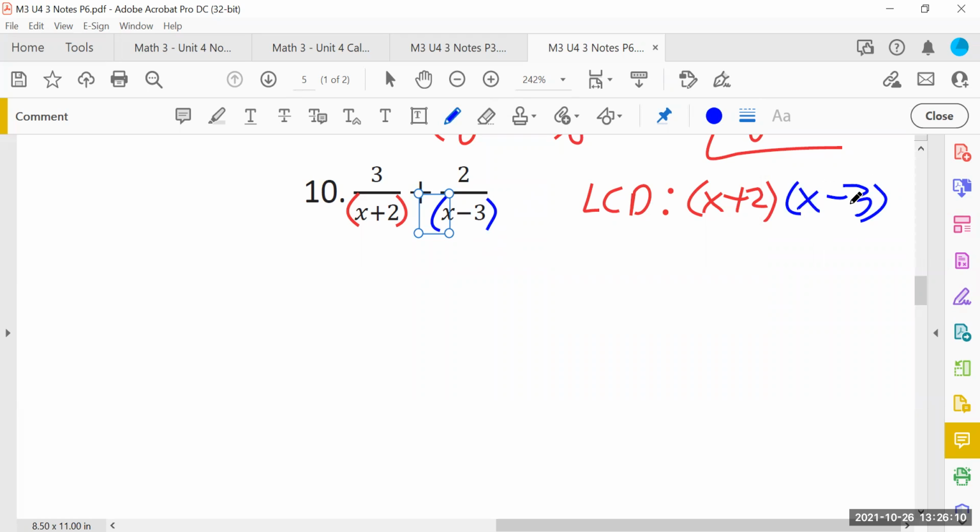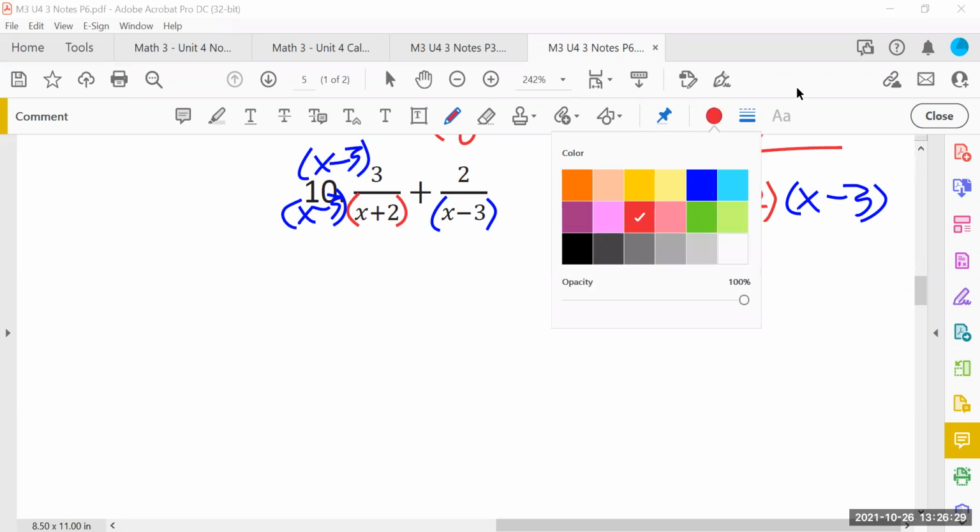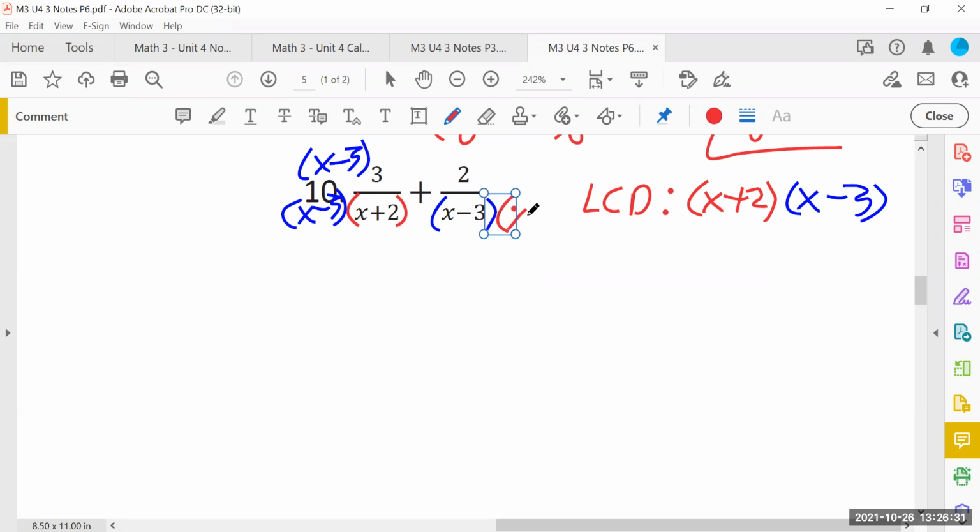So now at the very beginning, we talked about what if I want to do 1 over 2 plus 1 over 3? I multiply by whatever I need to get those denominators to match. So in this case, I'm going to multiply the first fraction by x minus 3, top and bottom. And I'm going to multiply the second fraction by x plus 2, top and bottom.